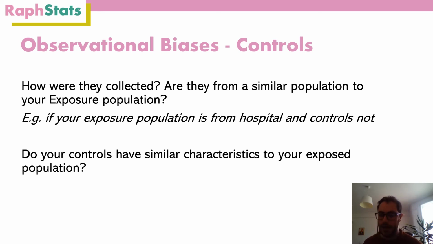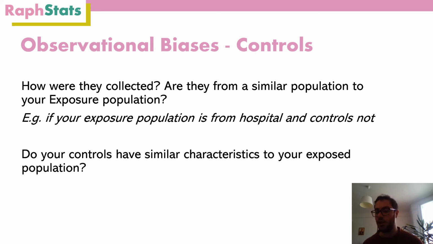So if we collect, let's say in a case control study, people with lung cancer from the hospital and then try to get our controls from people who are healthy in the community, they're going to be different for a whole lot of reasons, not just because they have lung cancer. A better way of doing it is going into the hospital and finding a group of people with other respiratory conditions.